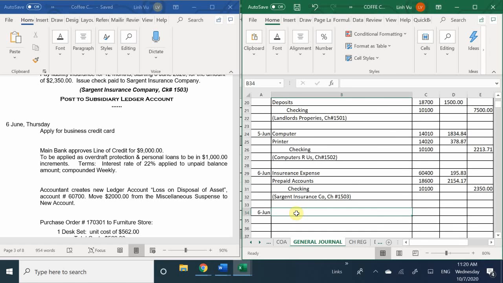What did we originally do? Do we debit the account or do we credit the account? We debited. Okay, so that means there's a debit balance. How do you make that balance become zero?